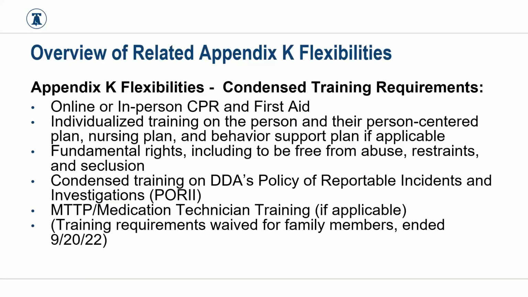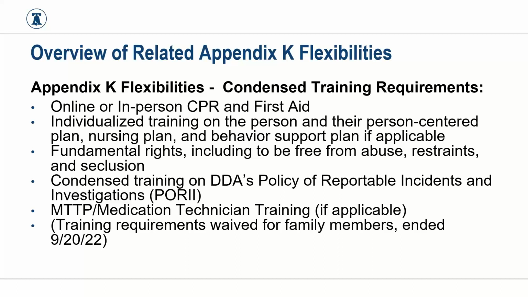Many of the required trainings were not required right from the start of them providing supports, but fundamental rights was also one of the required trainings that stayed in place and includes content around people being free from abuse, restraint, and seclusion.